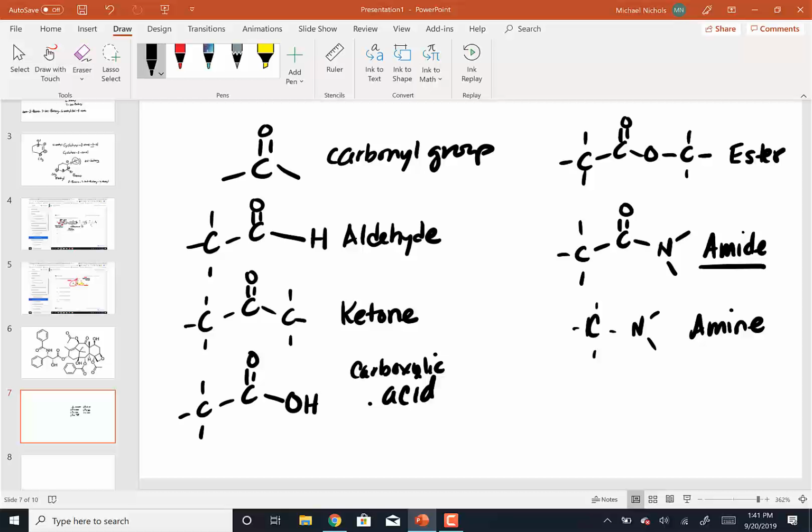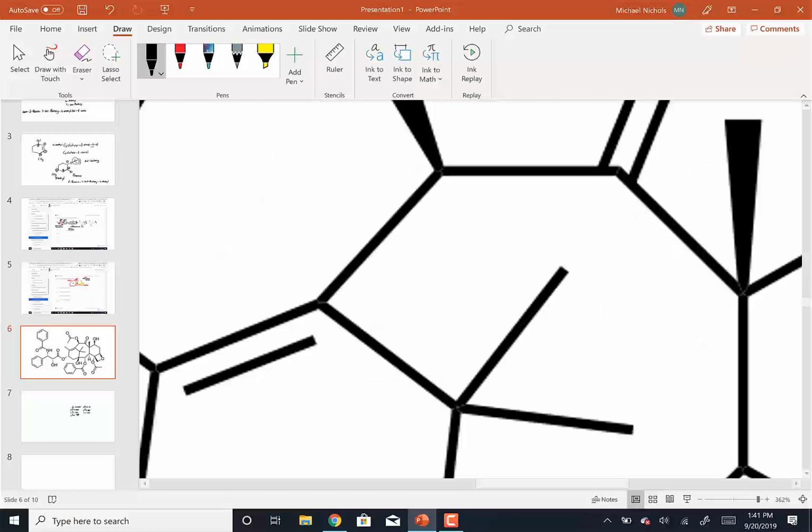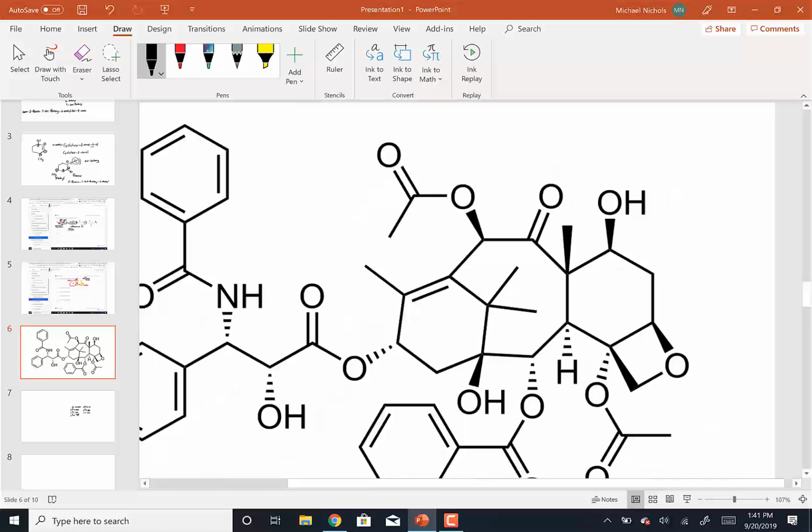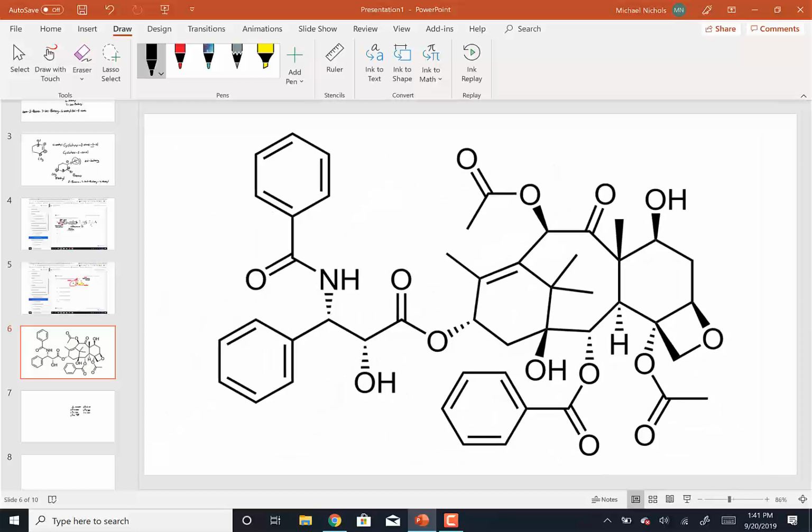Plus, if you go and look at real live organic molecules that have a purpose, not that they all don't, but whoa. That structure is called Taxol.